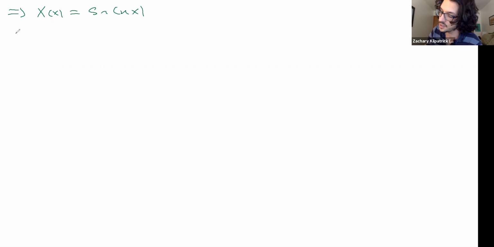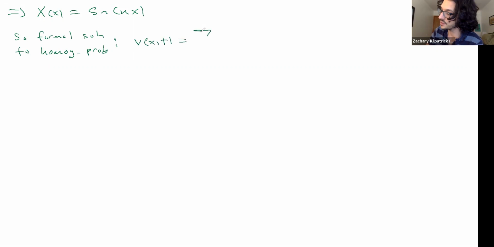Okay. So the formal solution, remember, we're still just solving the homogeneous problem, is V of x, t equals the sum from n equals 1 up to infinity, T_n of t sine of nx.